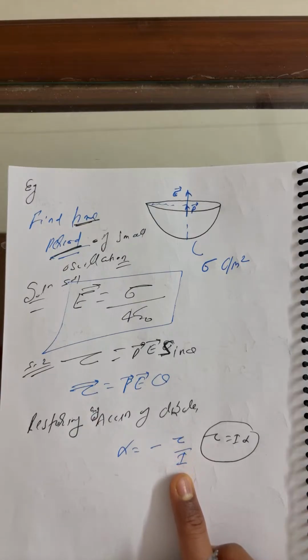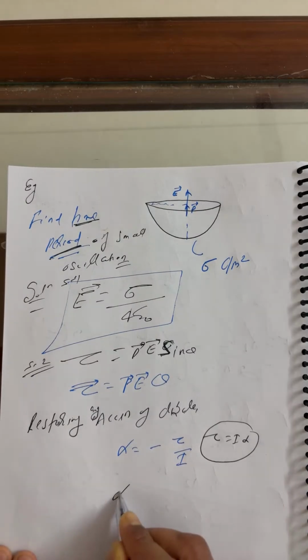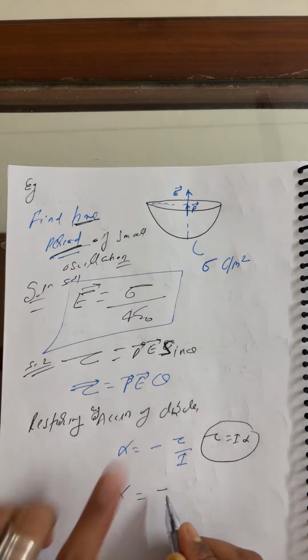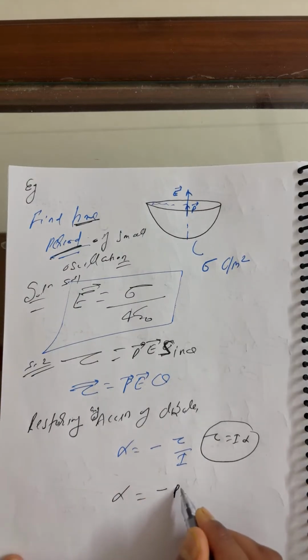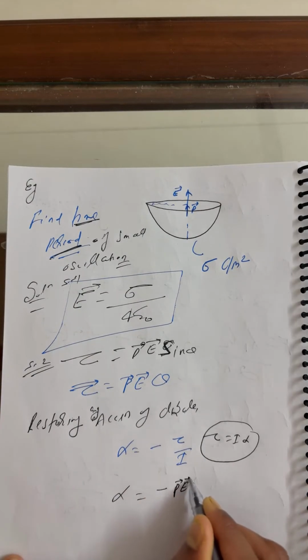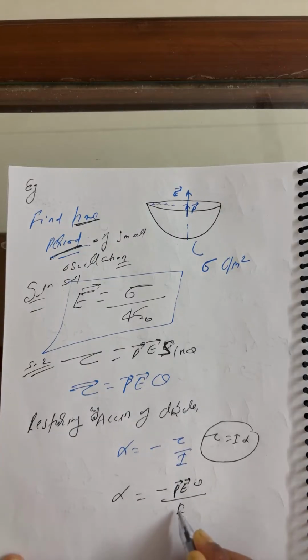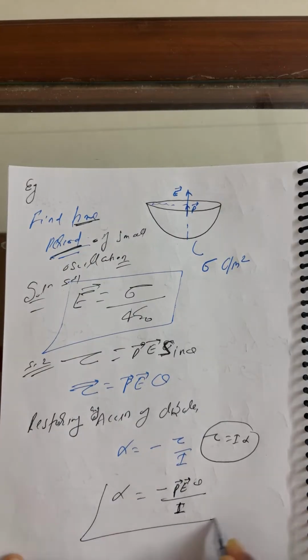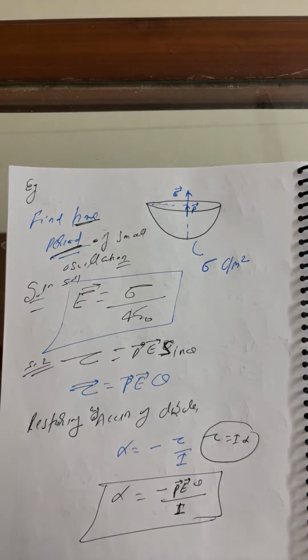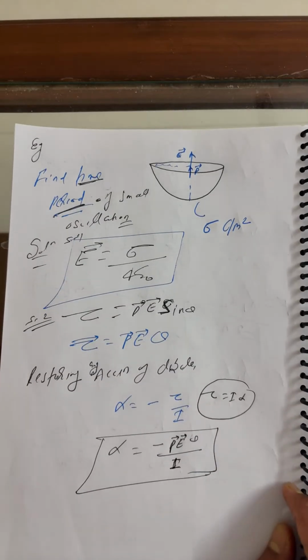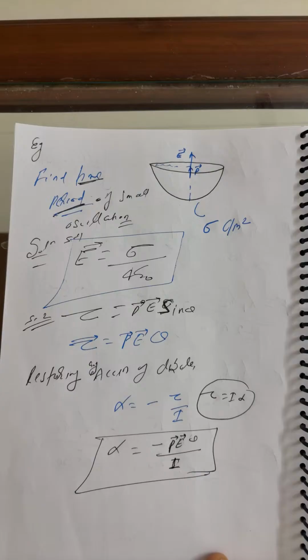Torque is I alpha, so alpha is torque upon I. So alpha I can write as minus PE theta upon I only. This remains I only, right?